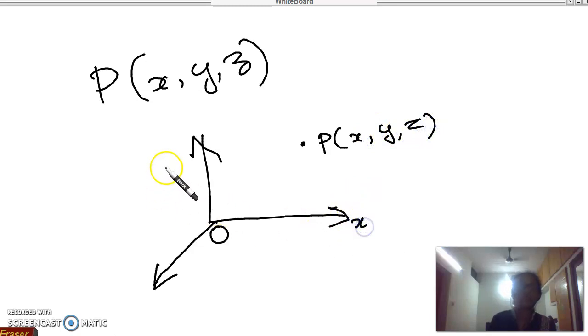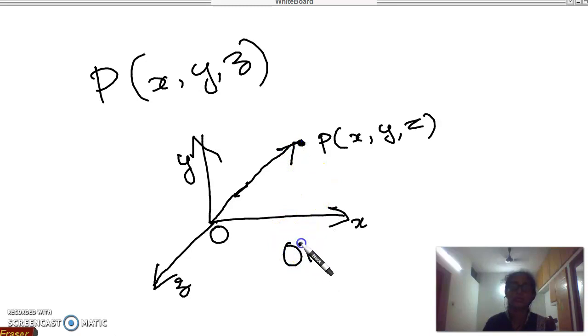This is x, then y, and here you have z. So here if you join origin O to P, this is a vector OP. So with respect to the origin, OP is the position vector of point P. That is how you represent any position vector. That is the concept of position vector.